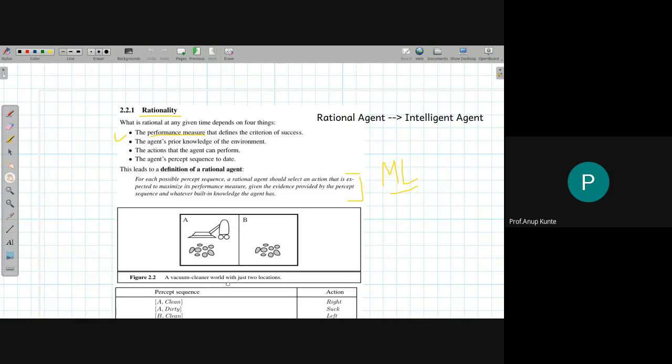Second, I should encode the agent's prior knowledge of the environment. Somehow there has to be encoding of prior knowledge about the environment that the agent has. So when I'm designing a solution, I should know the environment in which the agent is working, and as the designer of the agent, I should articulate the maximum amount of information in terms of a model, and I should give it to the agent as I incept it, as I start it, or as I initiate the solution.